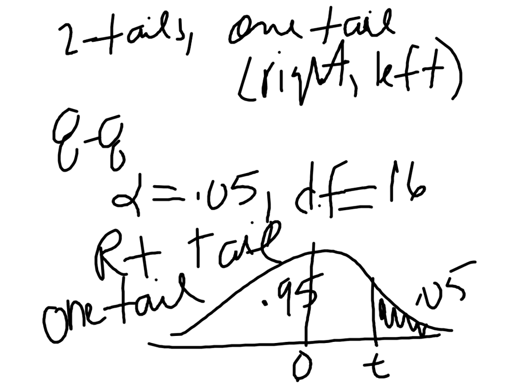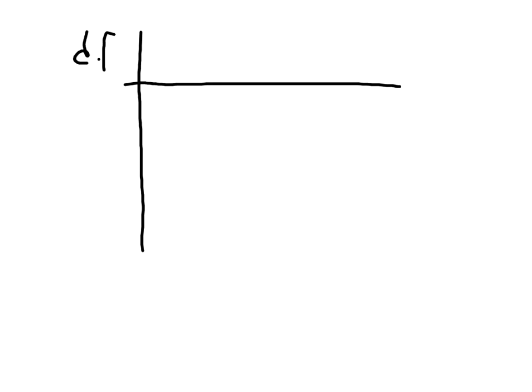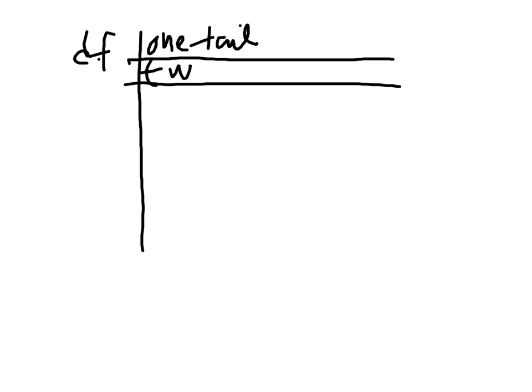This may take some practice, and I'd like you to do 8.9 through 8.11 on your own. But if you notice, on the top of our t-distribution, we've got our degrees of freedom, and they divide that into one tail alpha, and then two tail for alpha.